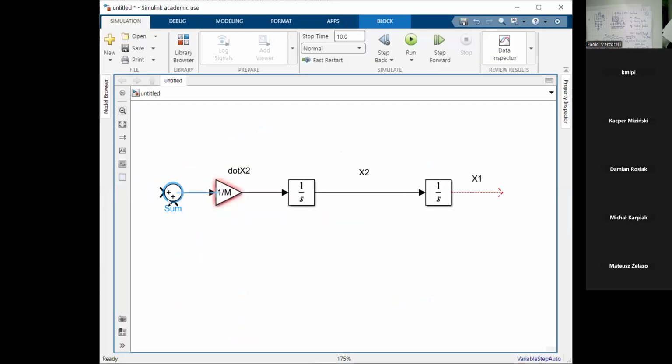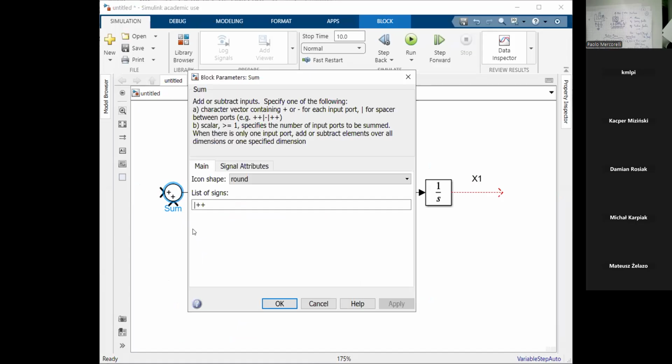Let me put here inside. Let me consider now a round shape. And then I have 1 plus, 2 plus, and 3 minus.